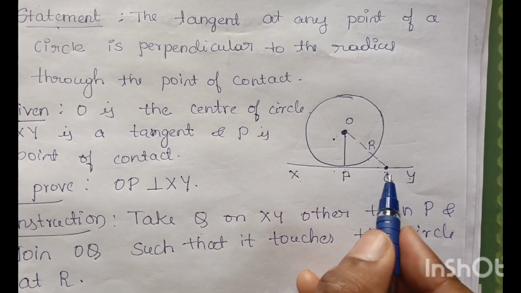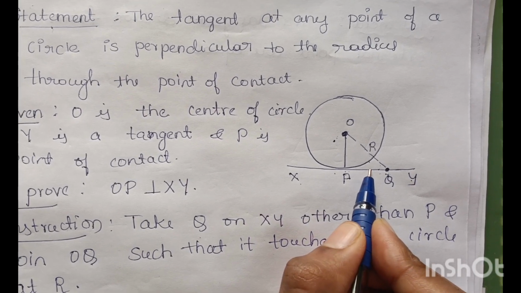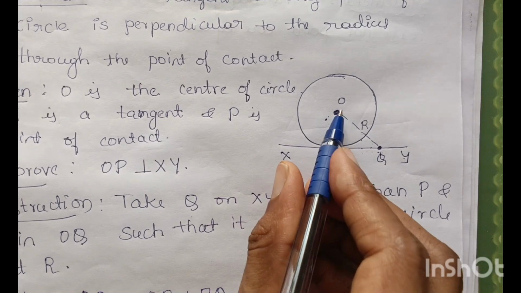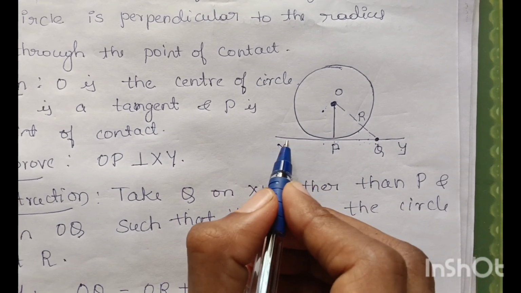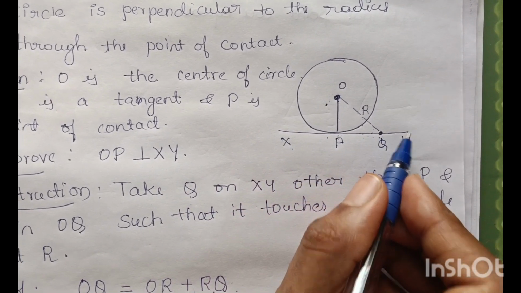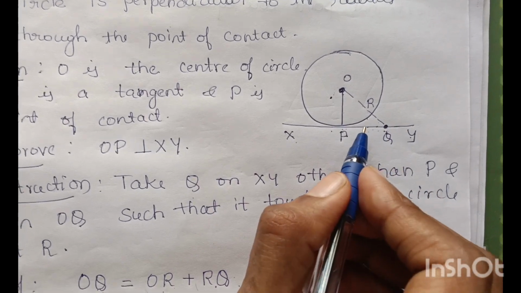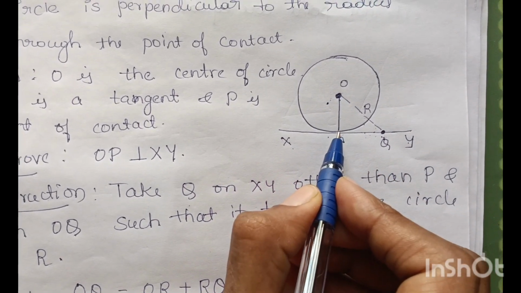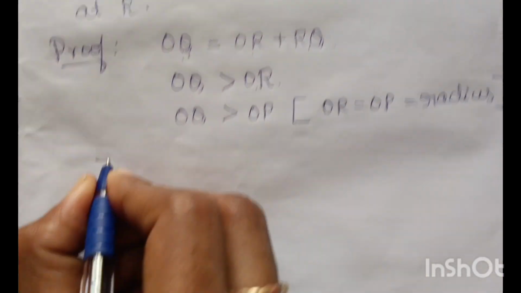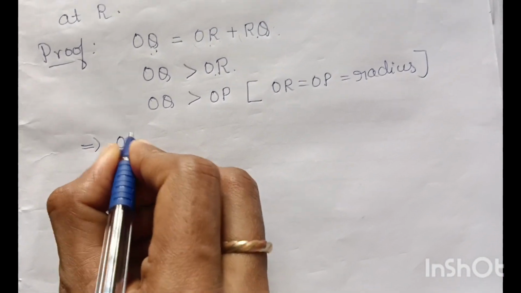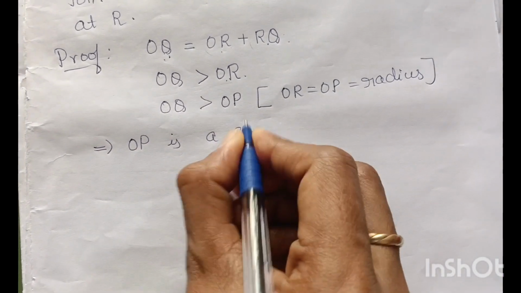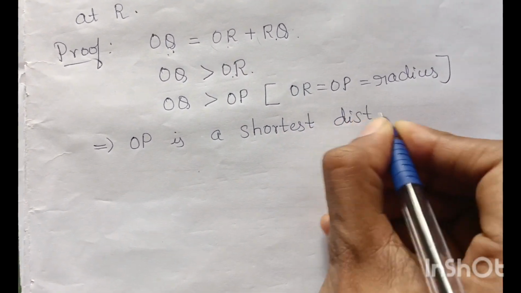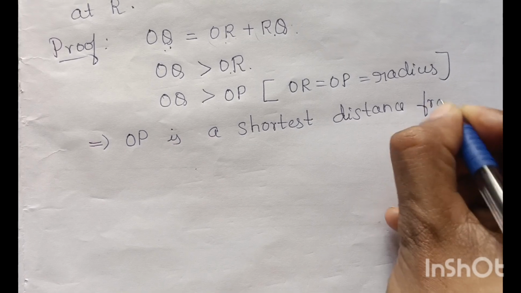If I take any other point, let us take one point M here, and draw OM, again I get OM is greater than OP. So if I take any point on this XY, I always get that the point's distance from the center is always greater than OP. So this implies OP is the shortest distance from XY.